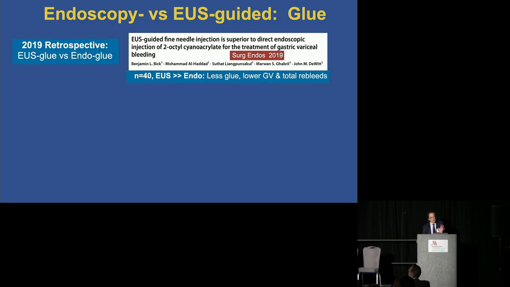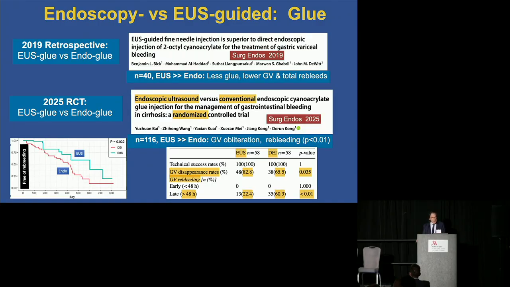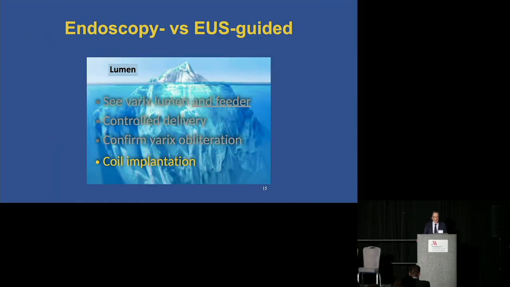It has been shown, first in retrospective studies by John DeWitt, that EUS-guided glue injection is superior to endoscopic glue injection, all right? But now we also have a randomized controlled trial that confirms that EUS-guided glue injection is superior to endoscopic glue injection. In other words, we should be replacing endoscopic glue injection with EUS-guided.